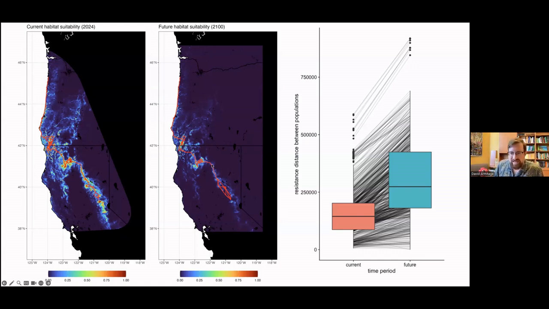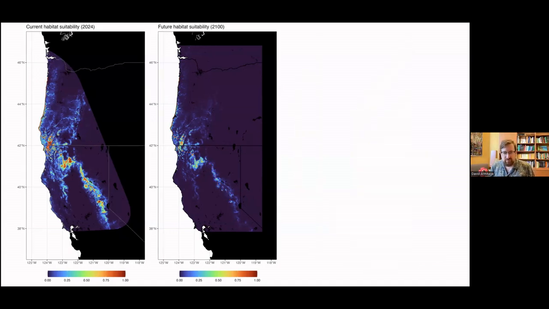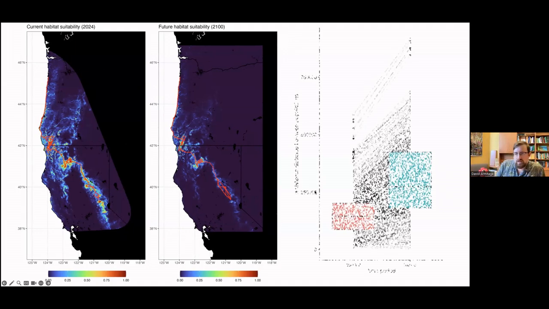So hopefully maps like this can help us identify corridors that we might need to prioritize for conservation, and habitats, like maybe some of these southern Sierra or northern Sierra habitats, that we might need to prioritize as well.